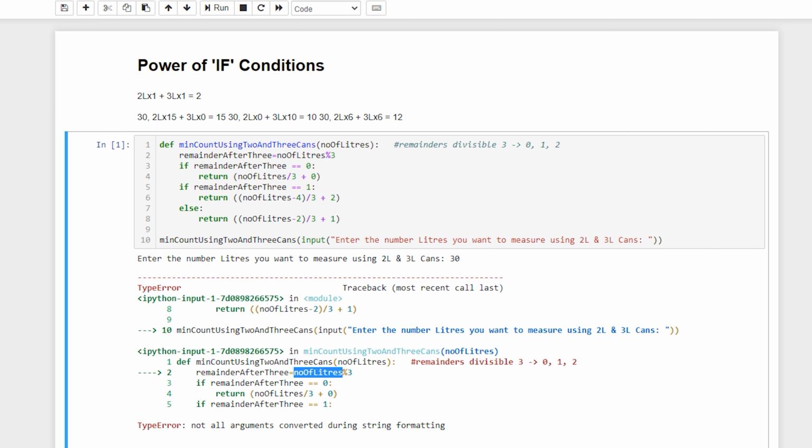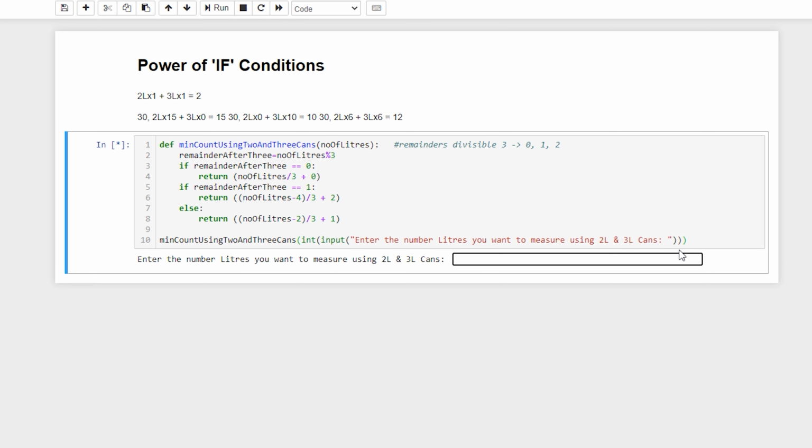Yes, the problem is here. Any input we receive, we have to convert into the proper type, and that's the reason it was giving the error. Okay, done. Now let us run.